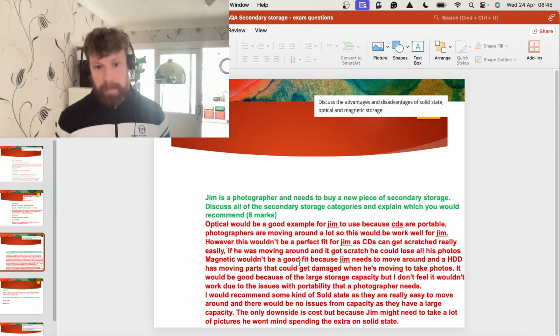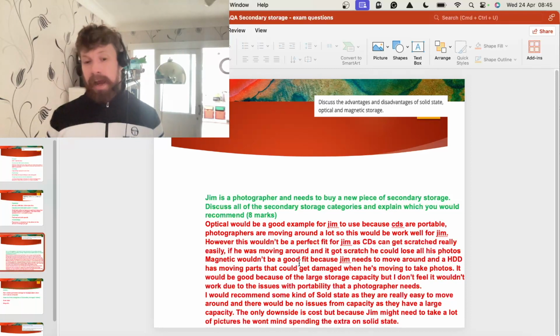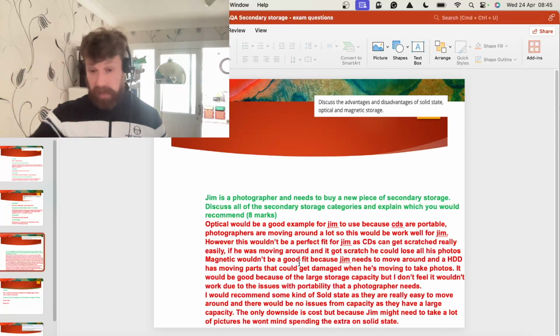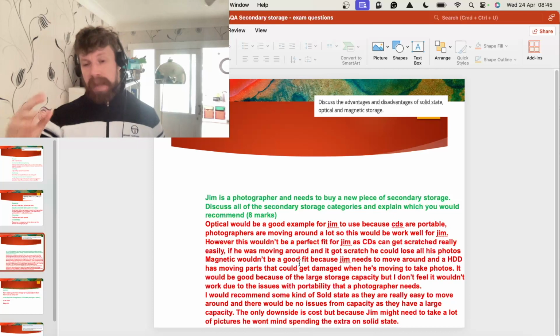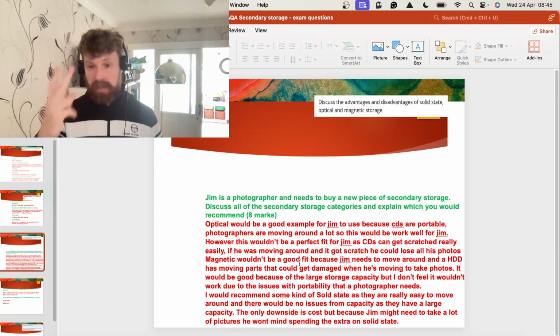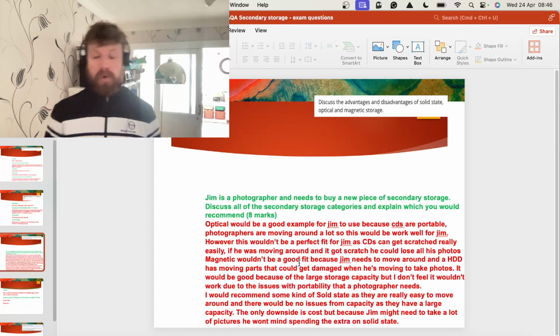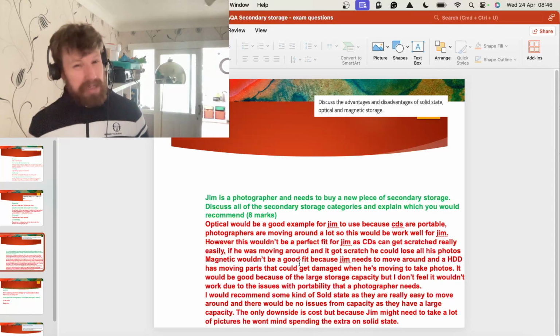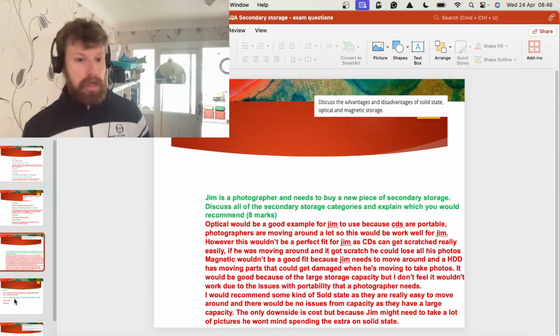Generally, as a rule of thumb, if I was to give someone 8 out of 8, what I'd be looking for is that they've talked about each category, they've made one advantage point and one disadvantage point on each of these, and the written English is very good. So if you have a look at this one, you'll see that I've made the points on each of these, and it's a relatively straightforward way to getting really high marks on this.